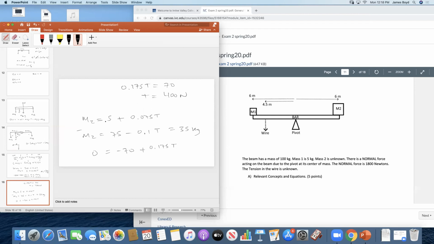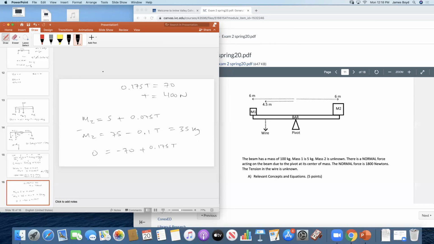You could add or subtract them. I don't really care what you do. But the point is, you have to use the two of them to solve for your two unknowns. I'm sure you've done that in algebra or calculus at some point. But that's the point of this: we set the forces equal to 0, we set the torques equal to 0, and we use them to get our two unknowns.